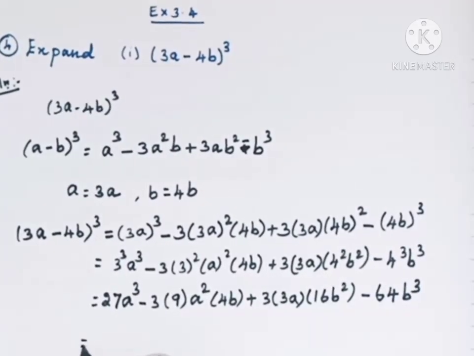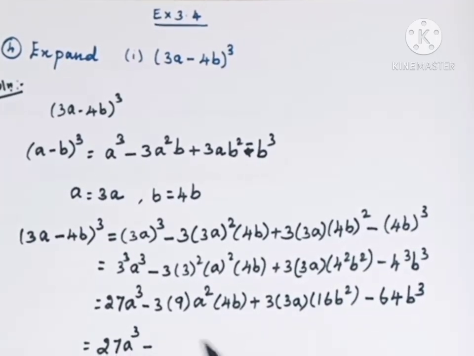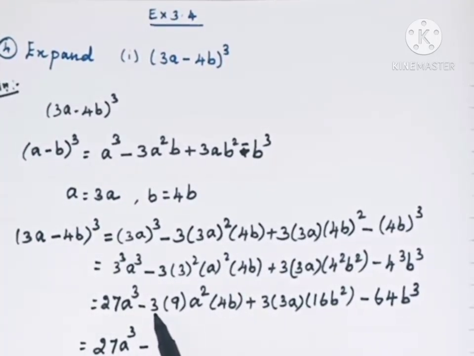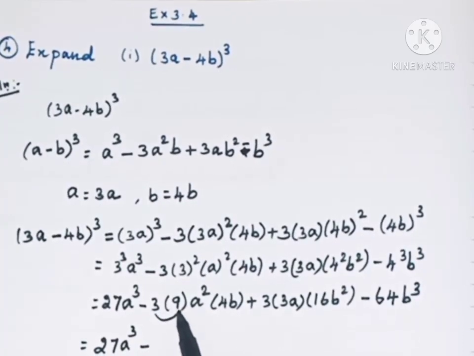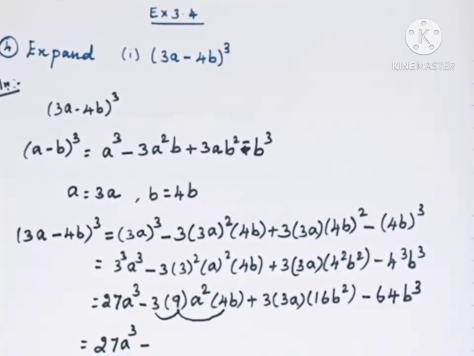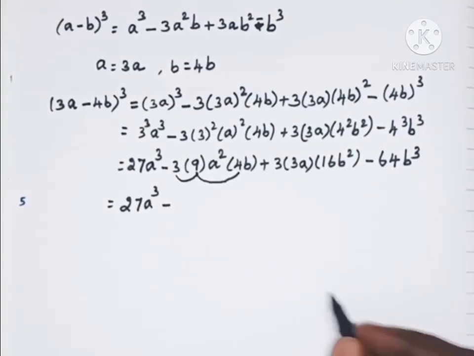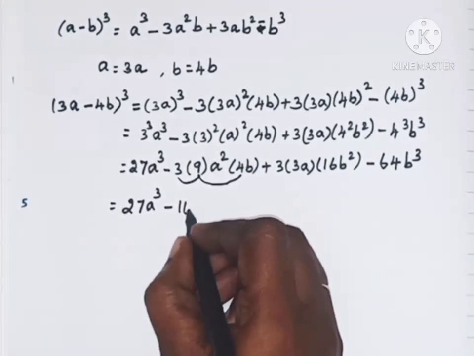Now 27a cube minus, multiply the constant terms. 3 9s are 27, 27 into 4 is 162.